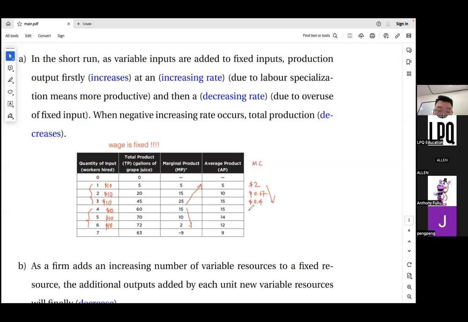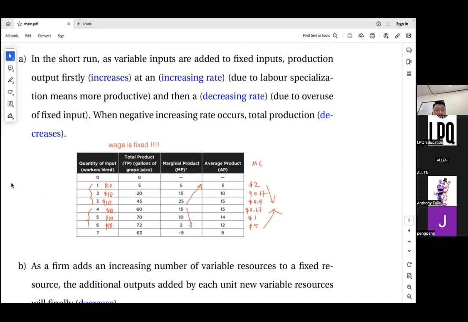So 10 divided by 15, go back to 0.687. 10 divided by 1, so it's $1. 10 divided by 2. So the marginal cost for these 2 more units of coffee is pretty high, $5. You see, you got an inverse relationship between MP and MC.